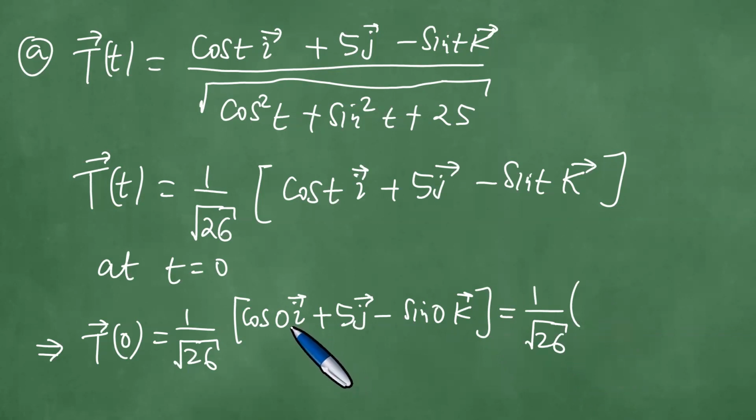So cosine 0 is 1, so that what you get here is i plus 5j. Okay, sine 0 is 0. Right, so we have this exactly.